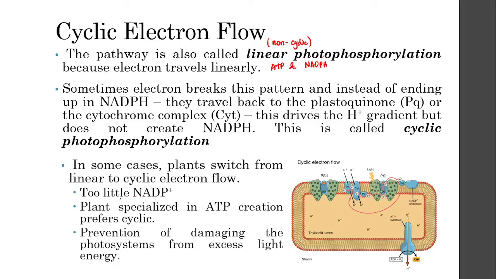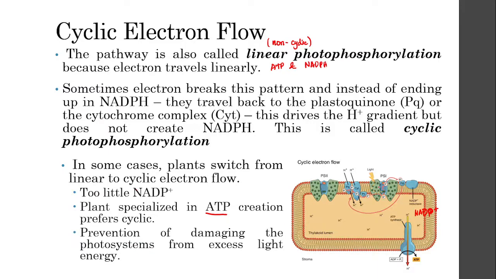For example, if there's too little NADP+, if you don't have enough NADP+ to create NADPH, instead of donating that electron, it will just return it back. And some plants that are specialized more in the creation of ATP would also prefer using the cyclic, because it will create more H+ gradient to create your ATPs. And lastly, prevention of damaging the photosystem from excess light energy.